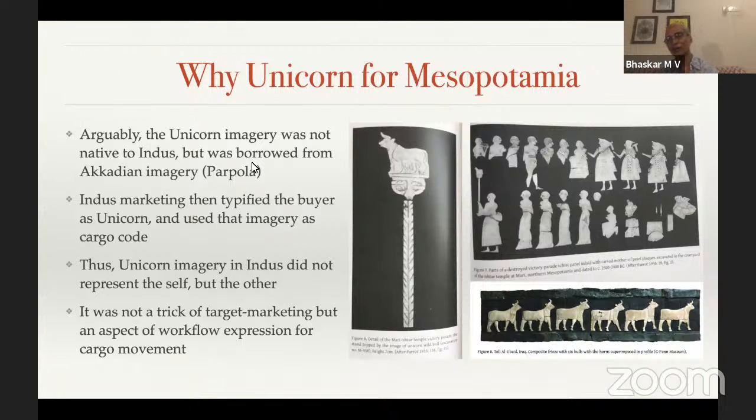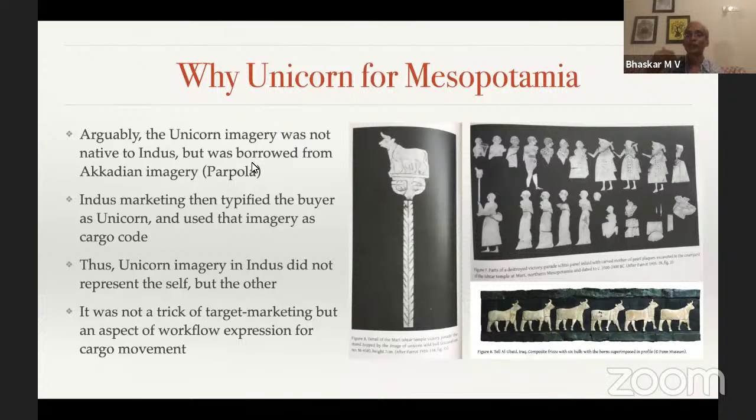In the top right imagery, in which you see many figures, there is one figure who's holding up that unicorn, who is reconstructed as the leader of the process. And third, you can see a composite frieze with 6 bulls, and that is also a Mesopotamian or an Akkadian marker.